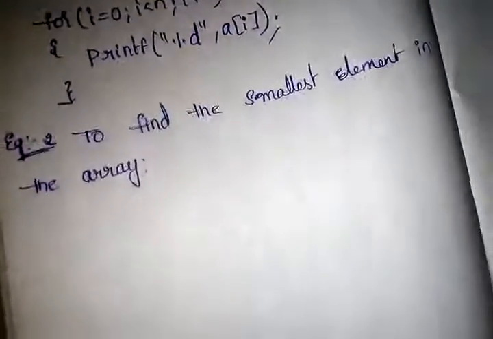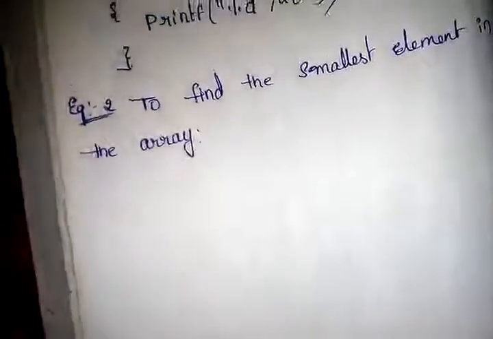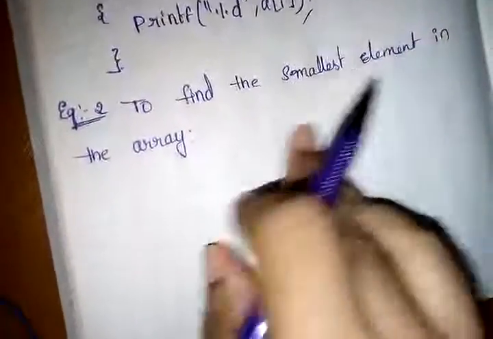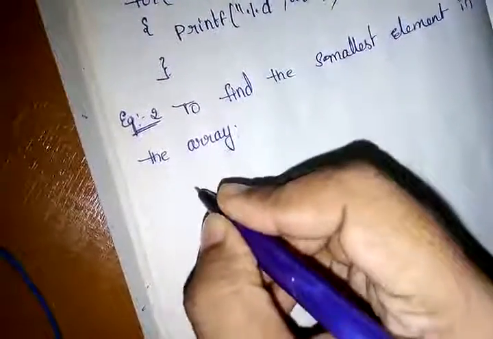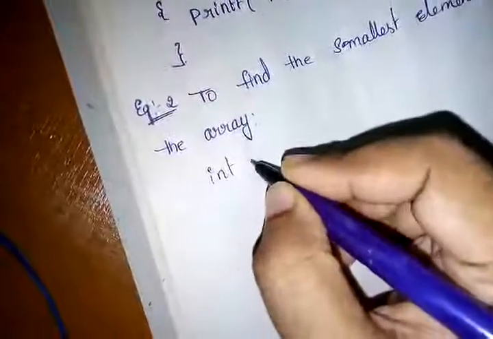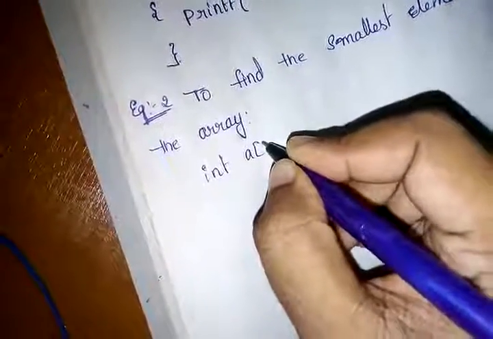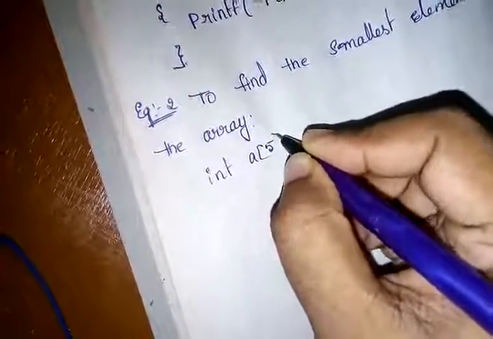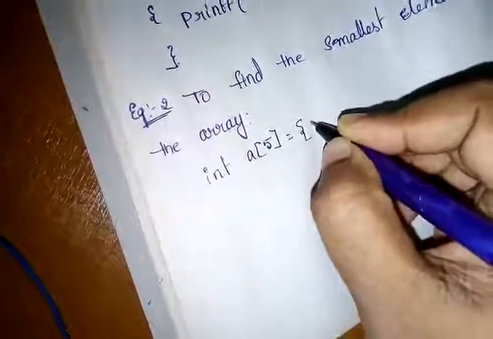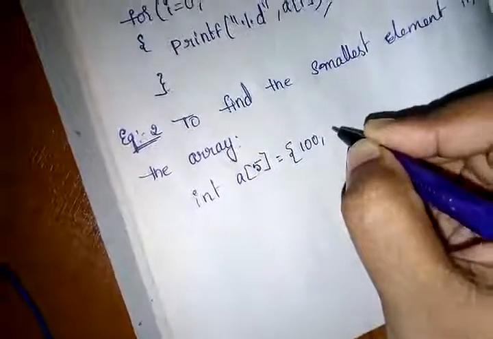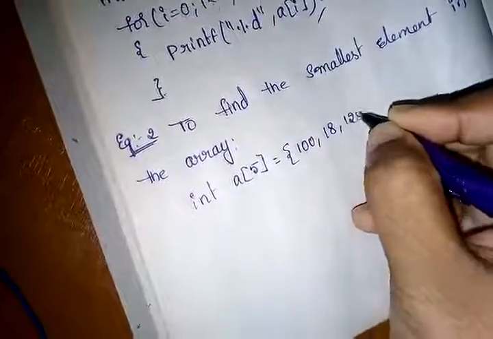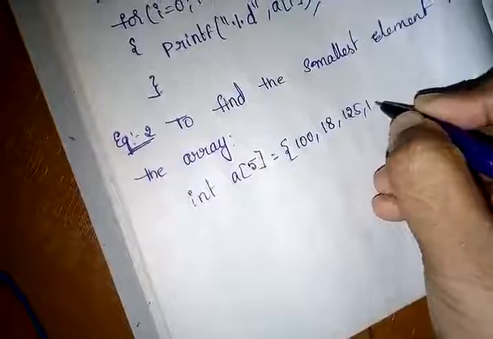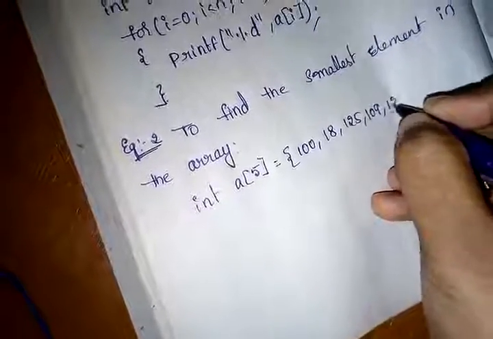Next we'll see one more example, that is to print the smallest element that is present in an array. Say for example, a of 5 is equal to 100, 18, 125, 109 and 12.